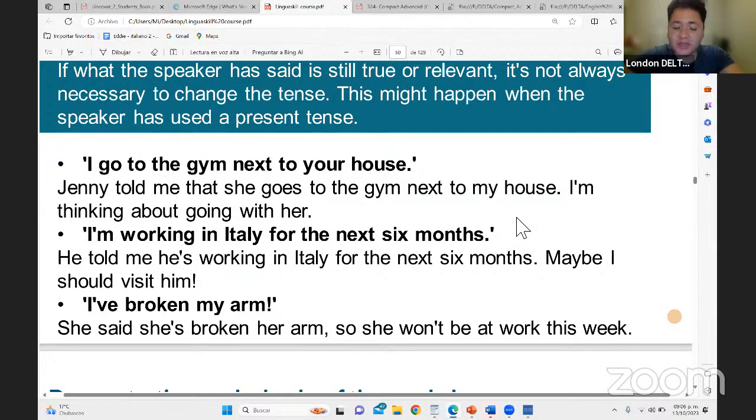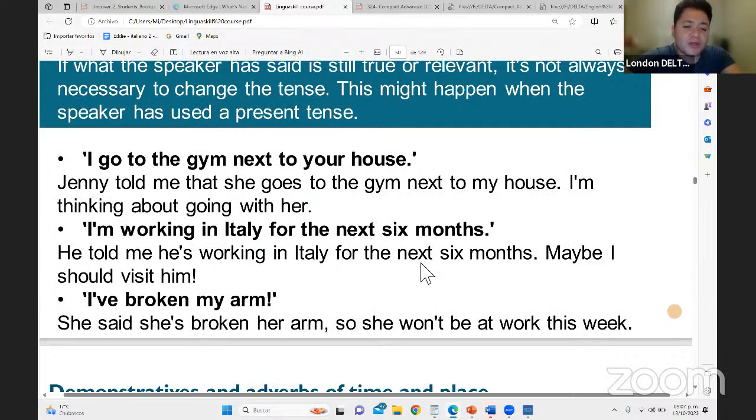Eso es principalmente importante porque más adelante digo, I'm thinking about going with her. So this is relevant. So it's not necessary to change it to the past. Porque a lo mejor si digo, dijo que ella iba al gimnasio, pero ya no. Entonces puede quedar la confusión si utilizamos siempre backshift, sin analizar un poquito más la oración, podemos causar una confusión. So that's what we need to be careful when you work with these tenses.